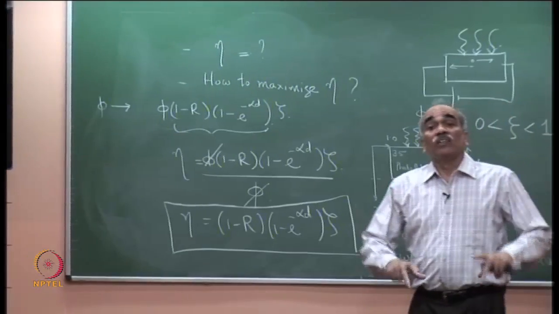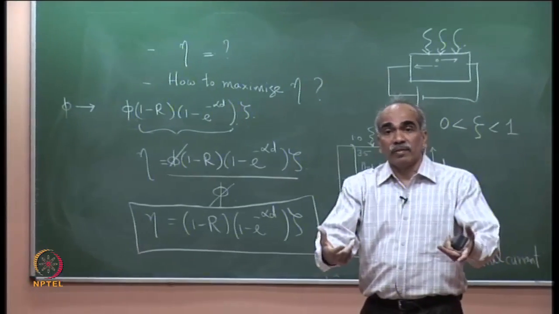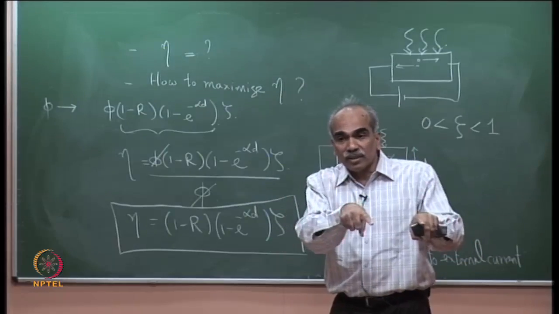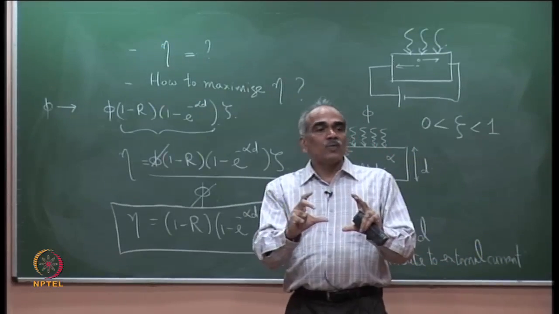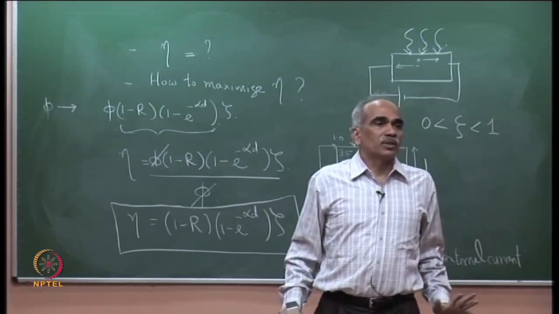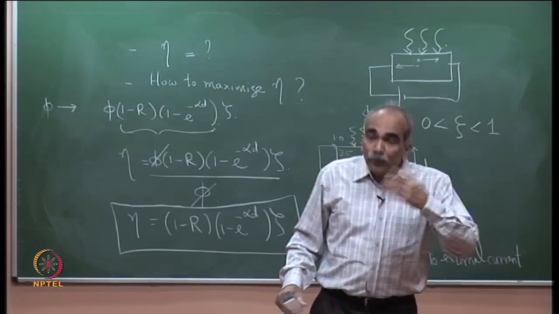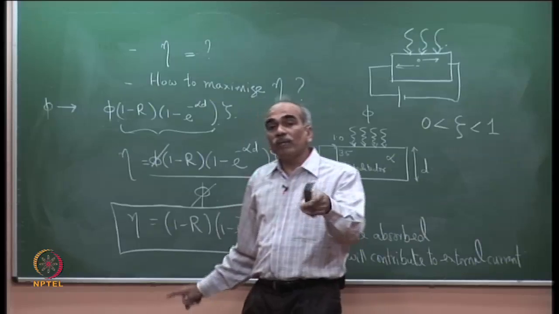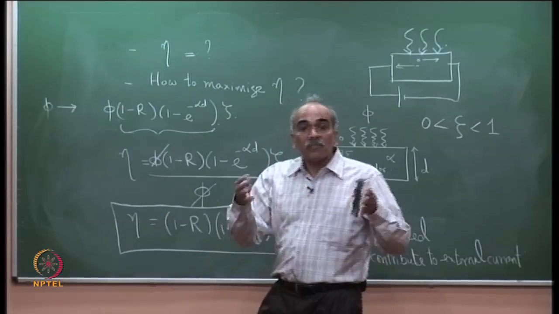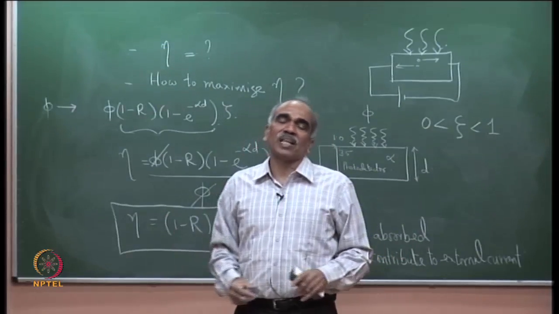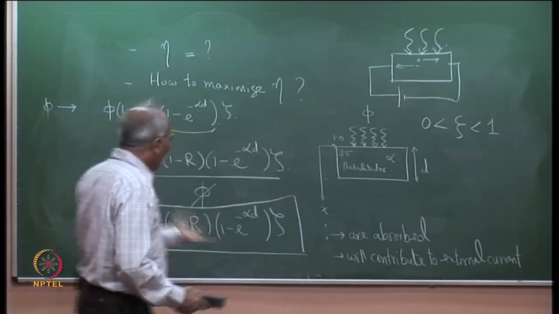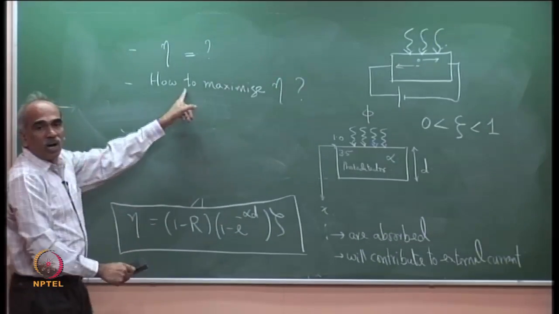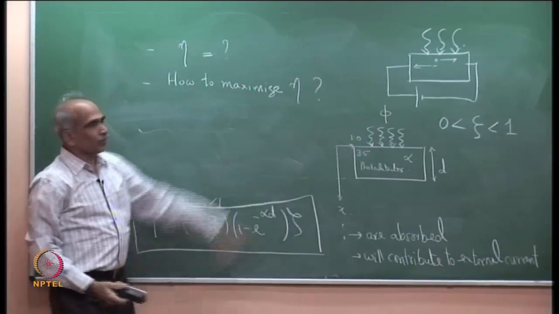That is what the device engineer will need, the one who makes the device, not the one who uses the device. One who uses the device wants very good responsivity, that is all. How do you get very good responsivity? You have to maximize eta. Who will maximize eta? The device fabricating engineer has to maximize eta. So how to maximize eta is the question.